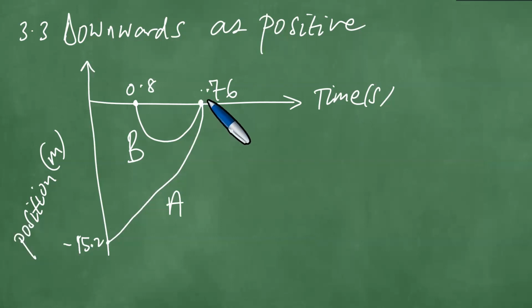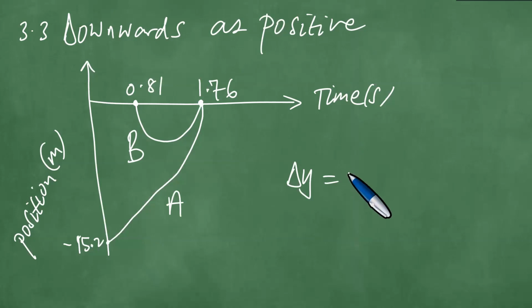Now, okay, so A was 0.81. A was released from this position, from that height, and following a parabolic path because of the change in this.